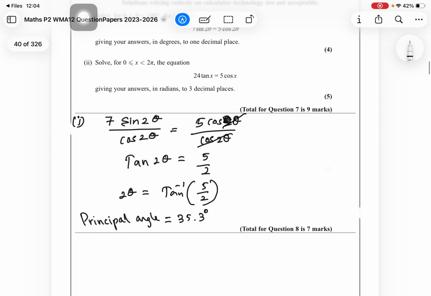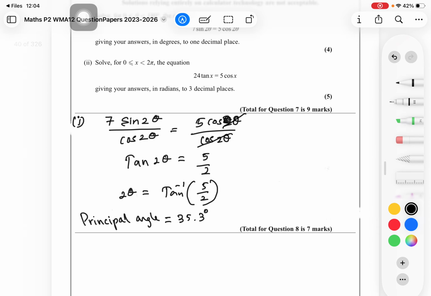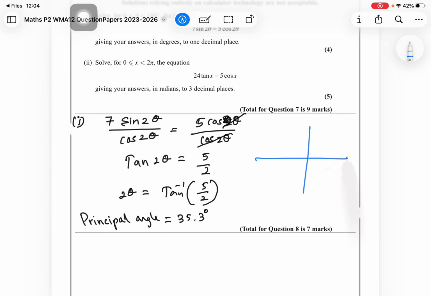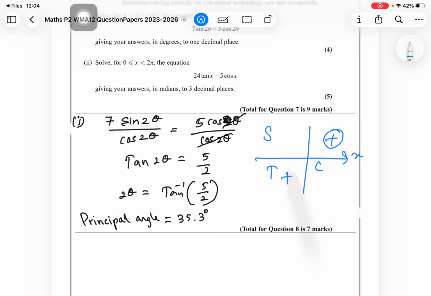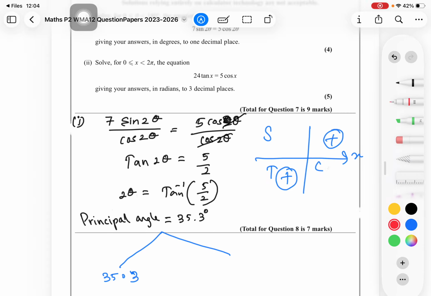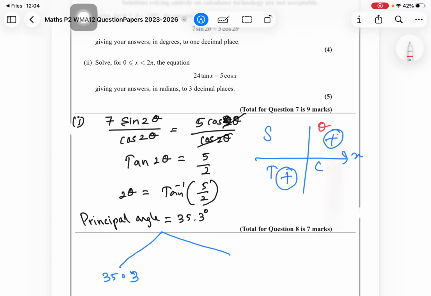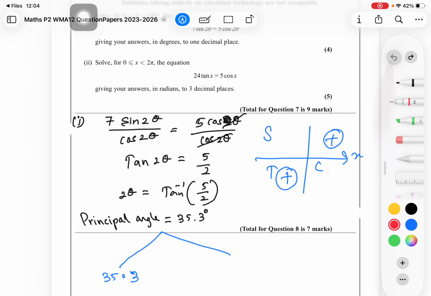Since it's answered to one decimal place, I'll keep the principal value as it is. This is the principal angle, and in the four quadrants, tan is positive in these two. So the two options are 35.3, and if I quickly name these quadrants, I'll not use theta since it's in the equation.